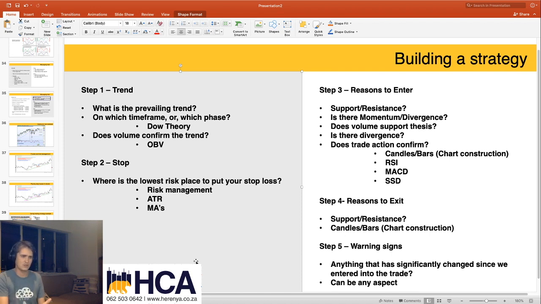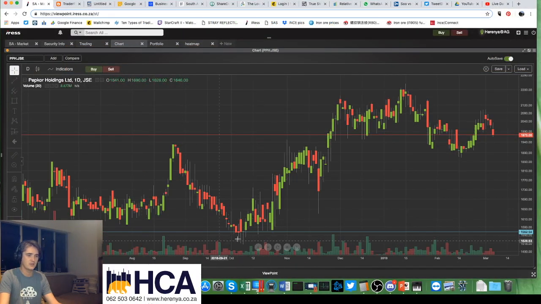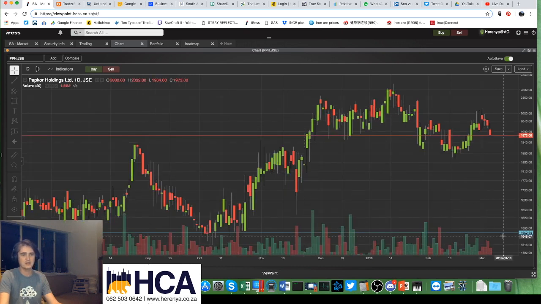If it makes a huge hammer, for example, that's definitely a signal to cover your short, or if it makes a shooting star and you're long, that is price action trumping the trend. Alternatively, for support and resistance levels, you can use your Gann two-day method, or your DeMark or Williams method, or you can identify proper support and resistance levels. Let me show you. Here, for example, this is an absolutely confirmed support level, and you can use that as a price target.